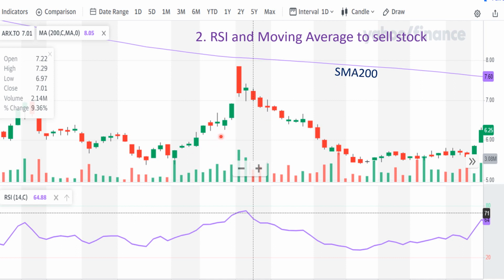When the stock price is below the SMA 200, it signals a bearish trend or downtrend. The RSI is considered overbought when it is above 70, which you see it is.